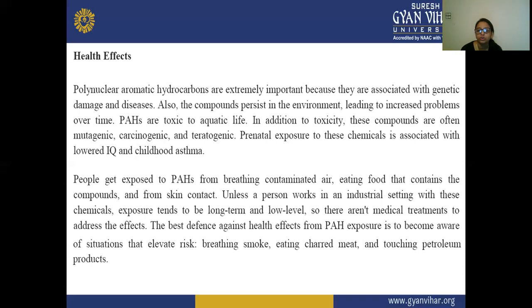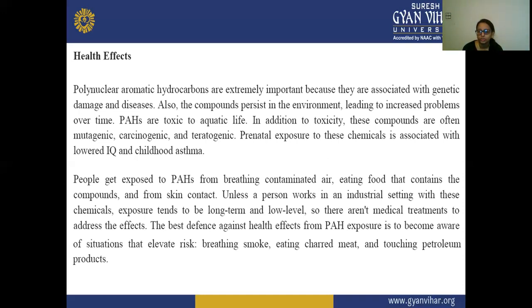And these PAH are toxic to aquatic life also, to the living organisms that are present in the water. So these PAH are toxic to aquatic organisms, or to aquatic life.